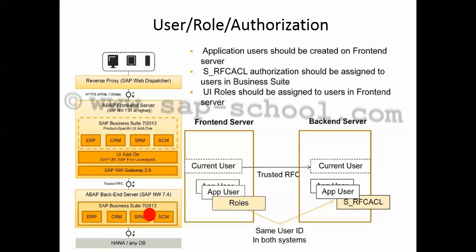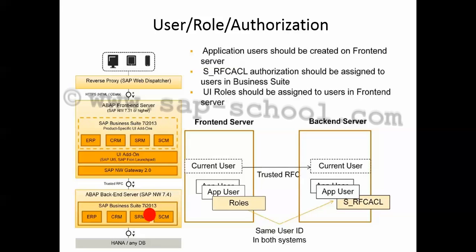The RFC connection from my front end server to the back end server must be a trusted RFC connection. It means that the same user ID is passed to the backend without the password. So the user ID in the backend server should have the S_RFC_ACL authorization, which allows the trusted logon.